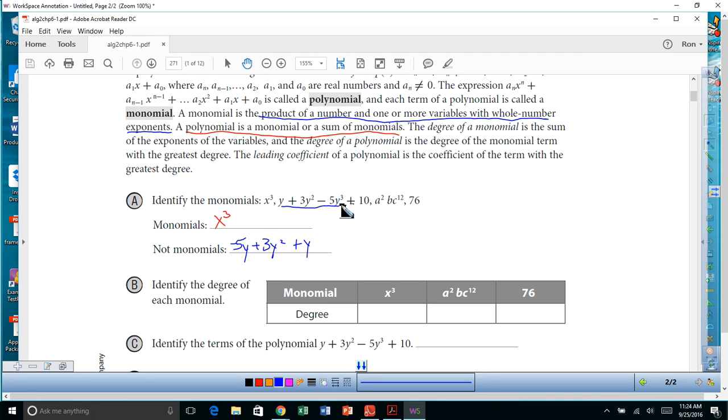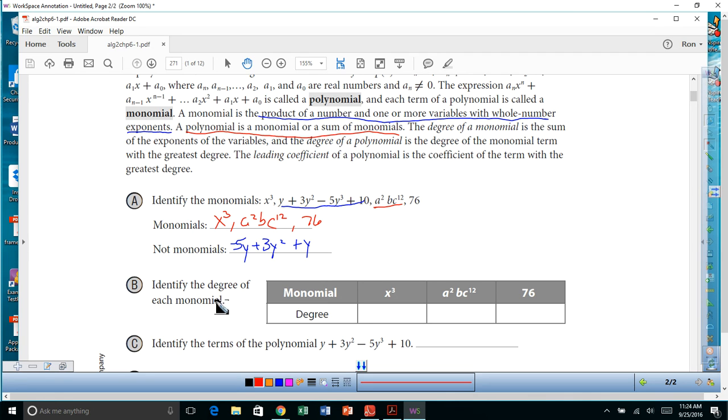This is not a monomial. And then you have a squared b times c to the 12th power, that is another monomial. And 76 is a monomial.